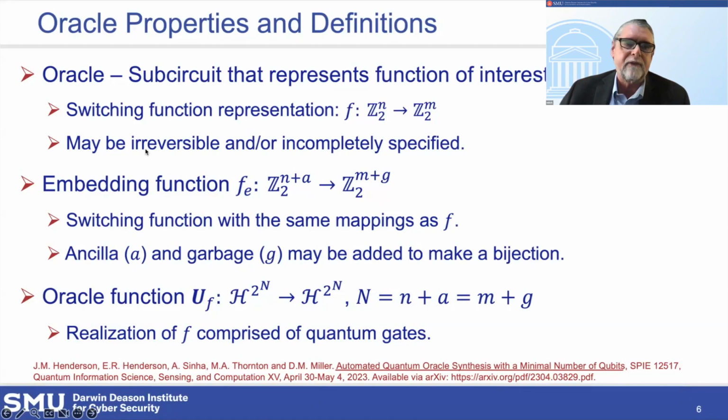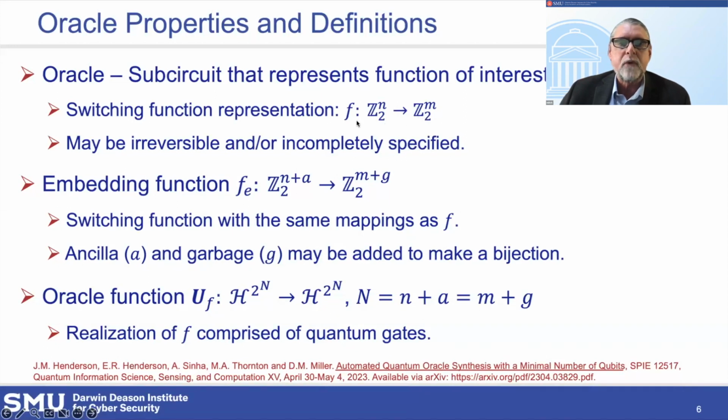It's not even irreversible in that two unique values in the domain may map to the same value in the range. Furthermore, there may be an incomplete specification in that some possible n-bit values and their corresponding m-bit range values aren't present.